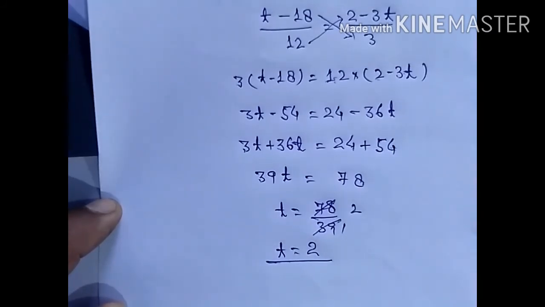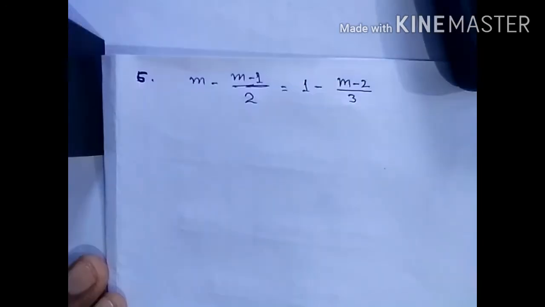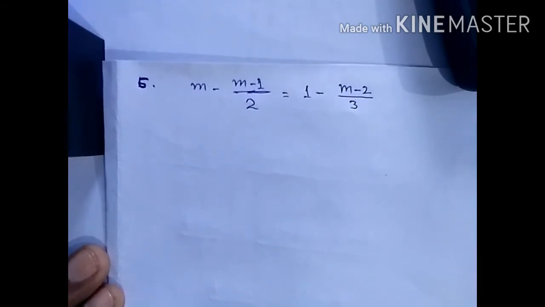Now we will solve question number 6. This is question number 6, student, and in this question it is m minus (m minus 1) by 2 is equal to 1 minus (m minus 2) by 3. So students, first of all we have to transpose the variables to one side of the equation.